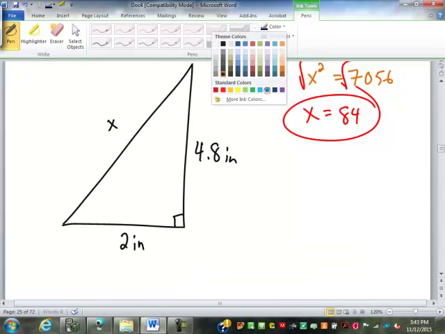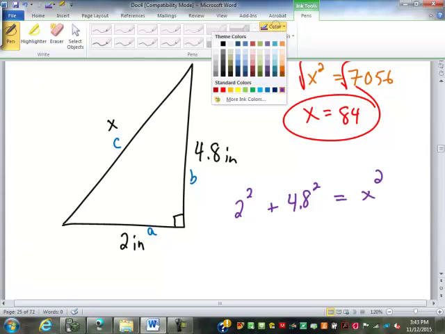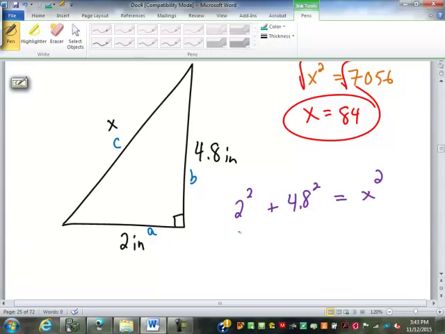So once again, what's the 2 legs? 2 and 4.8. X is the hypotenuse. So that'll be C. So 2 squared plus 4.8 squared equals x squared. 2 squared is 4. 4.8 squared is 23.04.